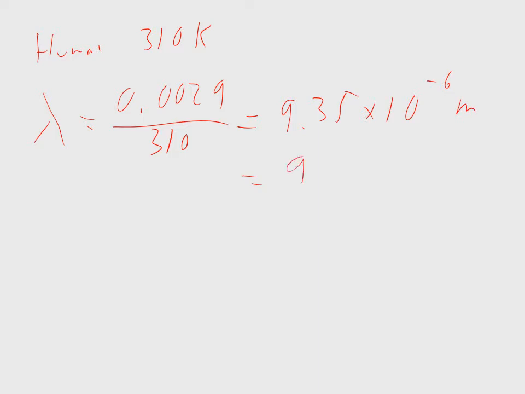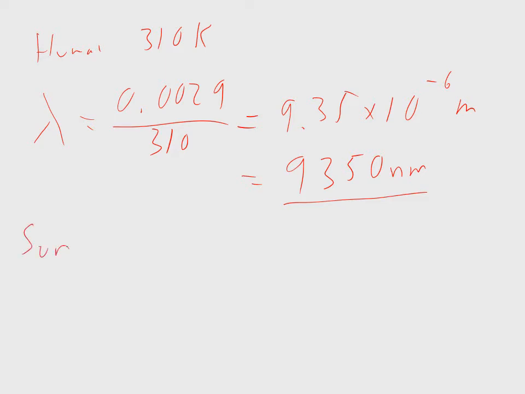That's the same as 9,350 nanometers. Remember, you only see 400 to 700 nanometers. It's way longer than visible light, so it's going to be infrared.